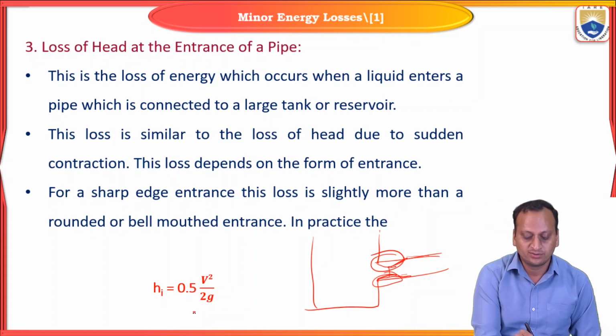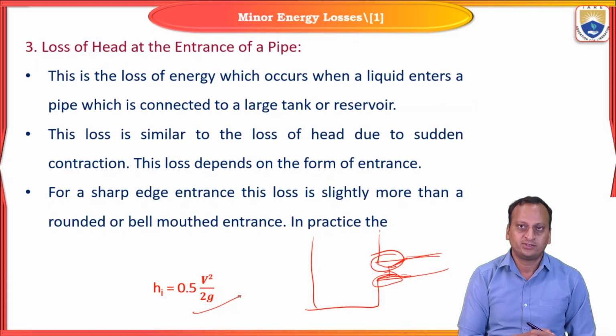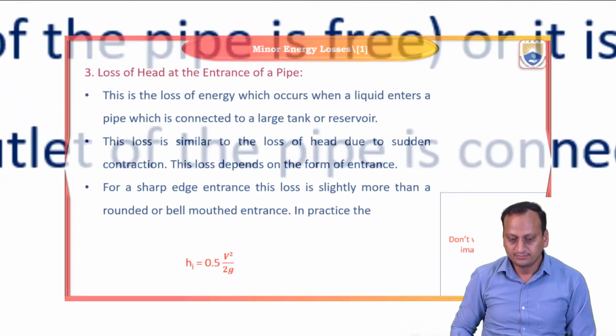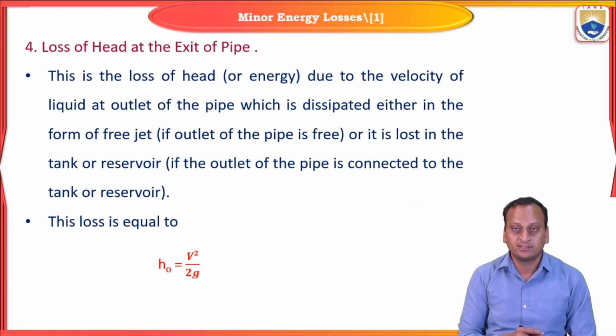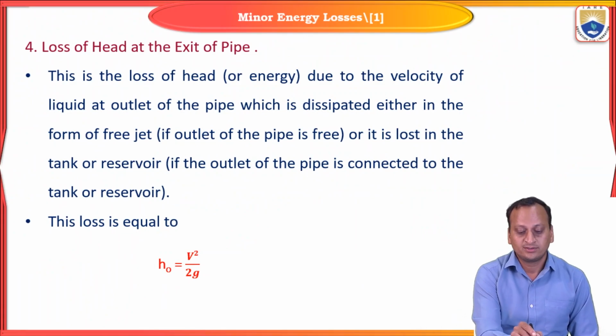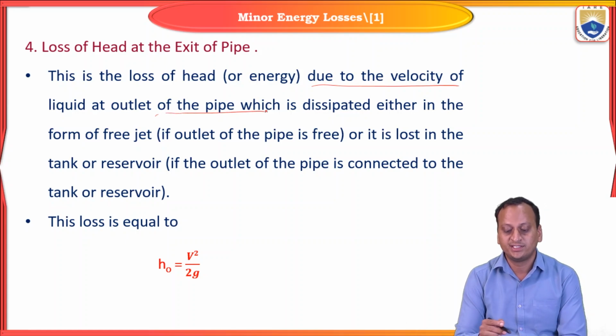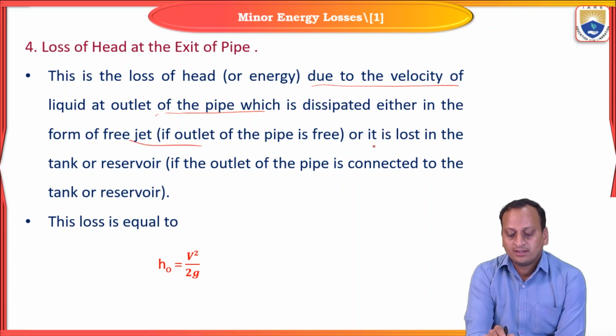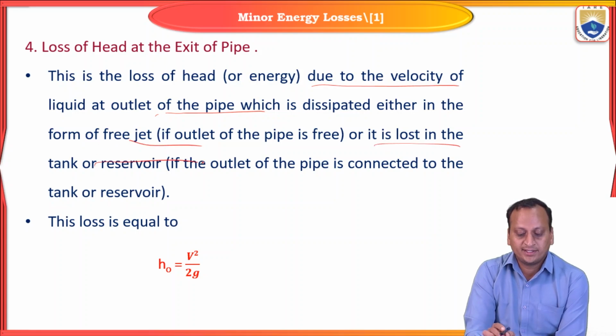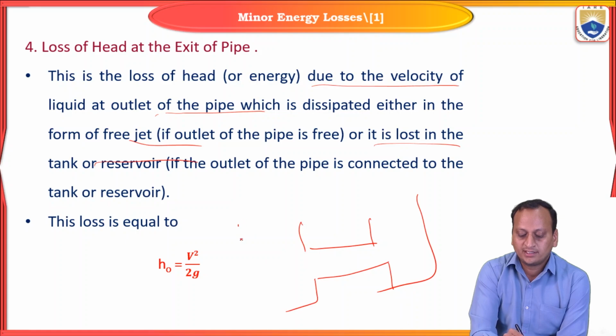So that will be equal to 0.5 times V square by 2g. Loss of head at the exit of a pipe also. At the exit of a pipe also there will be loss. This is the loss of head due to the velocity of liquid at the outlet of the pipe, which is dissipated either in the form of a free jet or lost in the tank or reservoir. So when a pipe is connected to a reservoir, its outlet is connected like this. So here is the inlet loss.